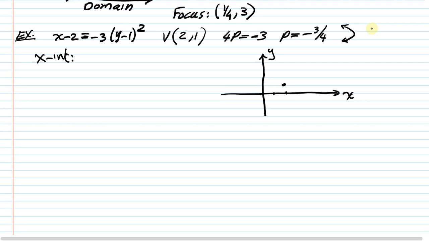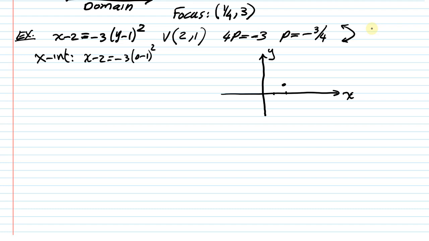My x-intercept, that's when y is 0. x minus 2 equals negative 3 times (0 minus 1) squared. Add 2 to both sides. Negative 3, (0 minus 1) is negative 1, squared is 1. 2 minus 3, negative 1. Good thing. There we go. That's where it's going to cross the x-axis, at negative 1.